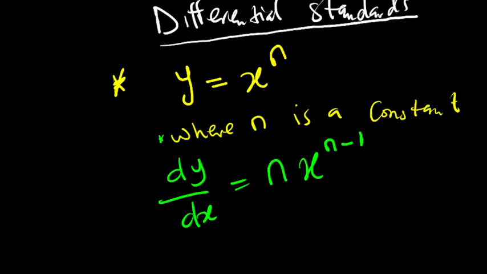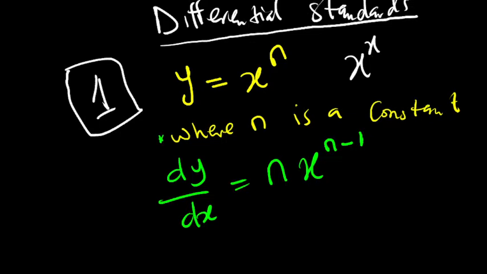Let me write the first standard there. You have y is equal to x raised to power n, where n is a constant. Because you can have a situation whereby n might not be a constant.